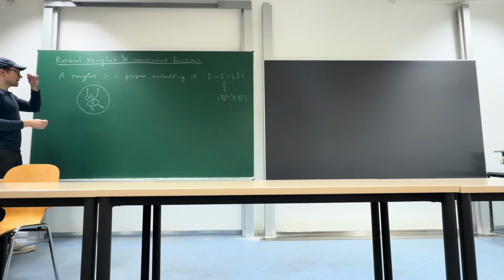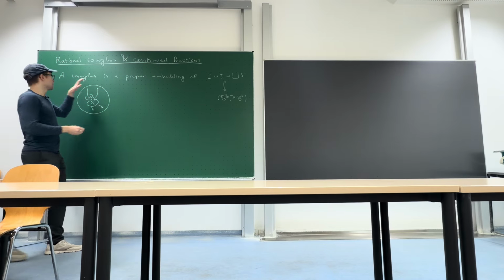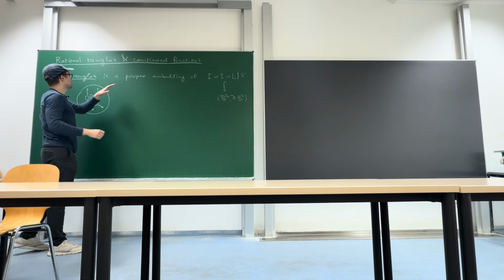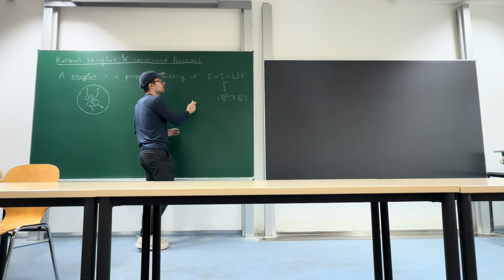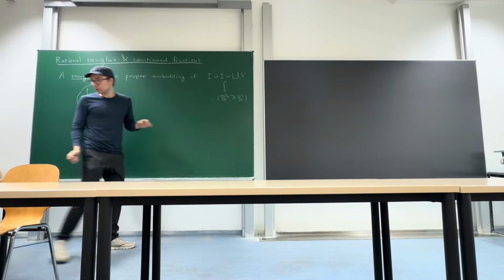So this is an example of a tangle. And a proper embedding, recall, just means that we're attaching the endpoints of the intervals to the boundary of the ball.